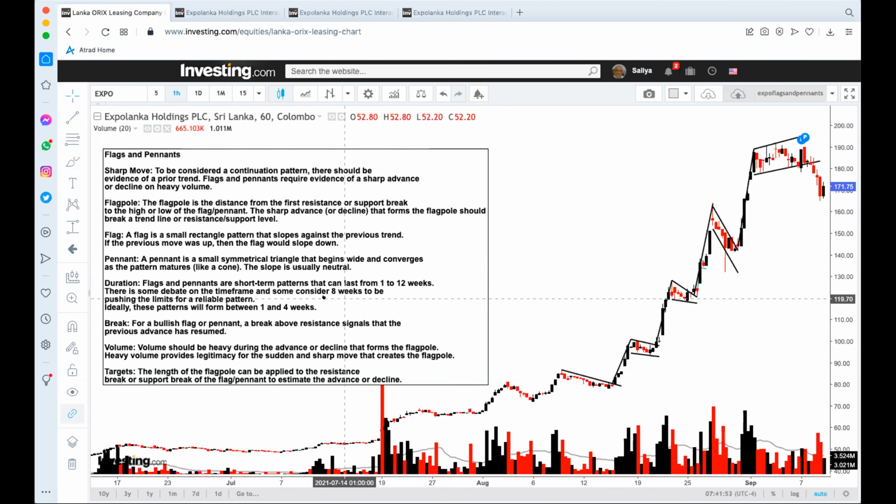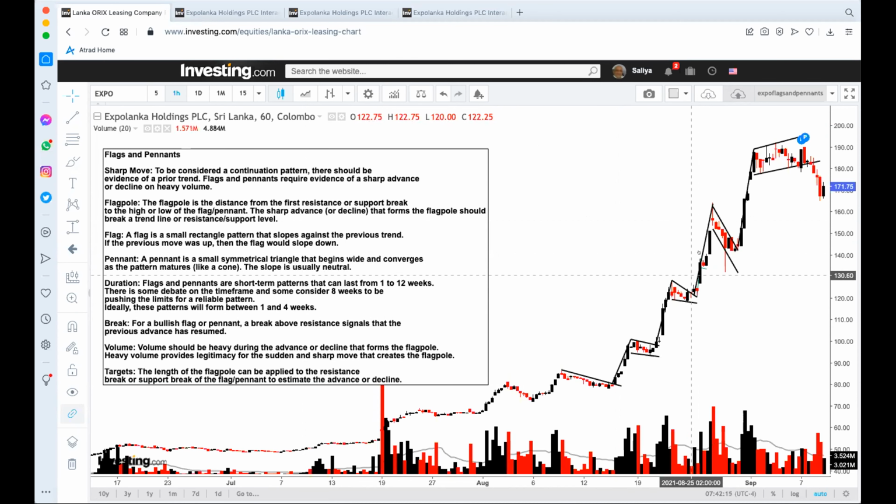So in this instance, as I mentioned, the two differences between the flag and the pennant are the channels and the triangles. When you see a triangle like this, it is called a pennant. When you see a channel like this, it is called a flag.